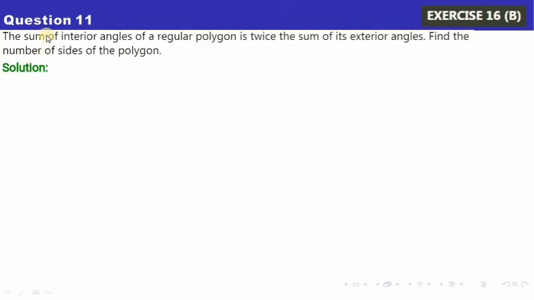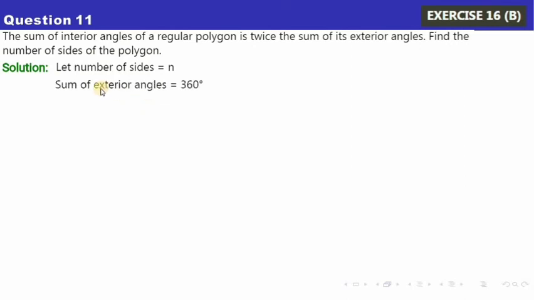Let's have one more question, which says the sum of interior angles of a regular polygon is twice the sum of its exterior angles. Find the number of sides of the polygon. See here carefully. Let me consider the number of sides to be n, because they are asking us to find the number of sides.